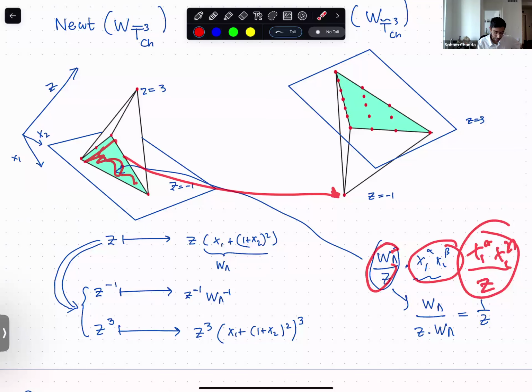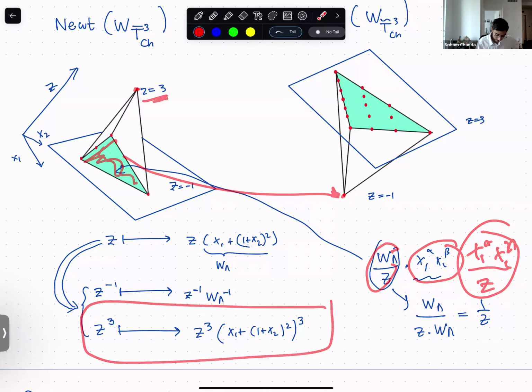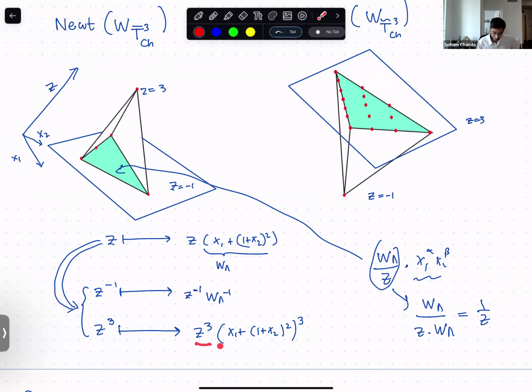So this was the triangular face. Now it becomes this one monomial. But the top point z equals 3 will go to z cubed times this polynomial to the cube. What happens at the level of polytopes is that this point expands into this big triangle, which has exactly 3 times the Newton polytope of W_lambda, and it will have many more integer points.